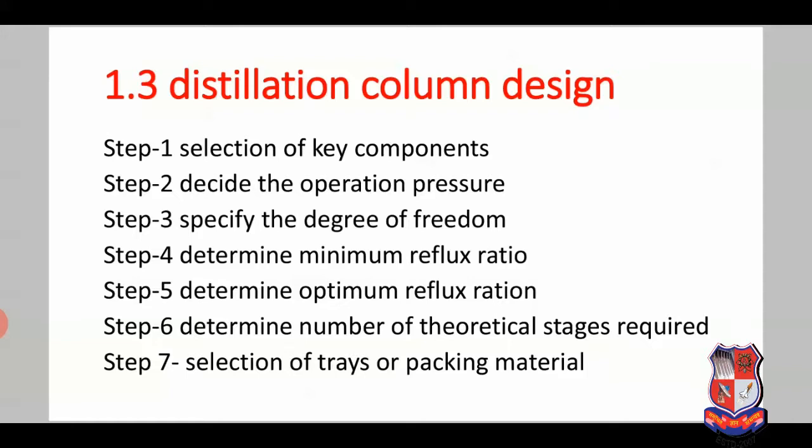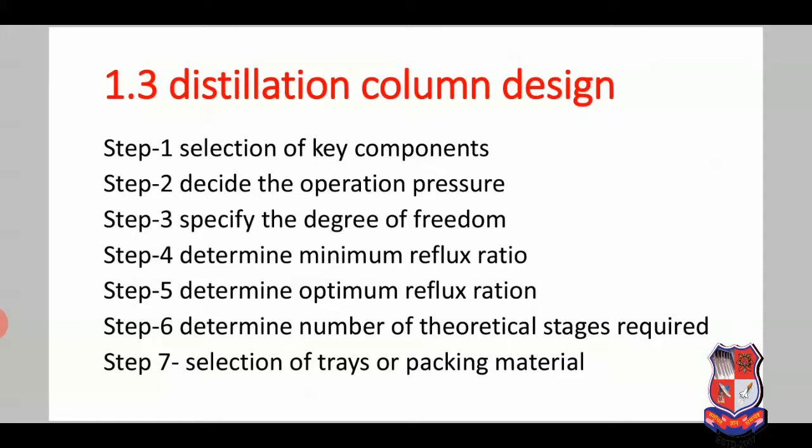From those components, we need to decide which one is the lighter one and which one is the heavier. The light key means the component which has the higher vapor pressure or lower boiling point, and the heavy key component means a component which has lower vapor pressure or higher boiling point.